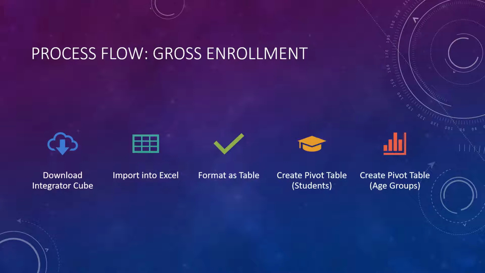You have to format the data as a table. You create a pivot table of all of the student information you download from OpenEMIS. And then you create a pivot table of age groups, because you're going to need those two things to calculate a gross enrollment rate.